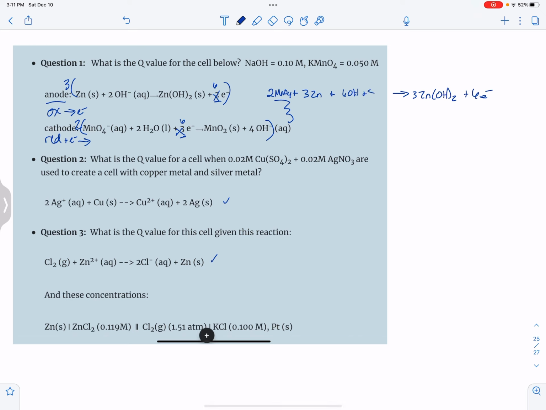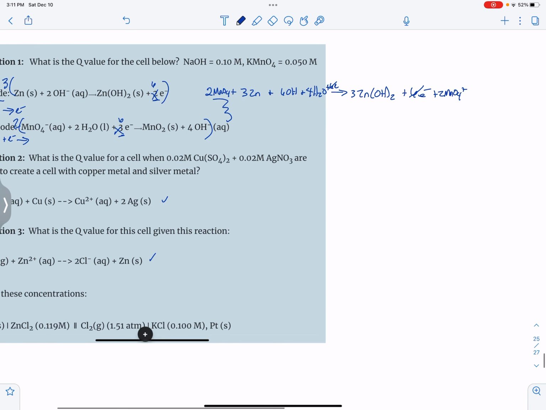I'm going to put on the side 4 waters plus my 6 electrons, so those are canceling. And then on my right-hand side, that is 2 MnO2 and 8 OH minus.